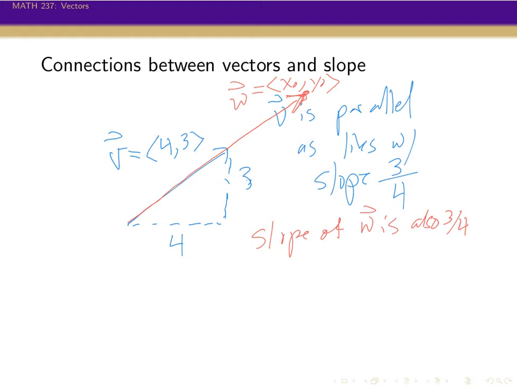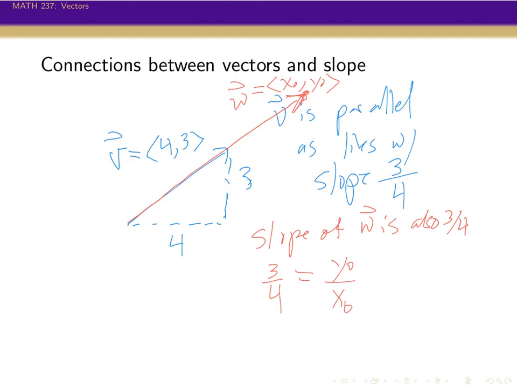Then what can we say about the components of it, x naught and y naught? On the one hand, we know v's slope is 3/4. To get the slope from x naught and y naught, w is telling you to go up y and over x, so we could write it as y naught over x naught.